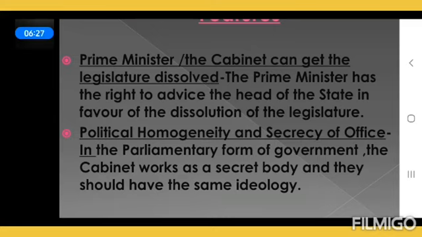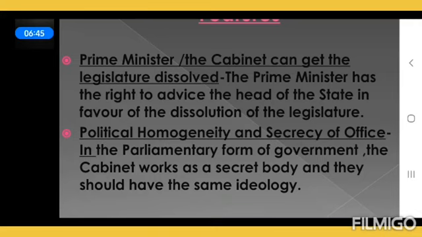It can be done by him either for seeking a fresh mandate from the people or for punishing the legislators for their unhelpful attitude. And the head of the state is almost always bound to accept such advice.